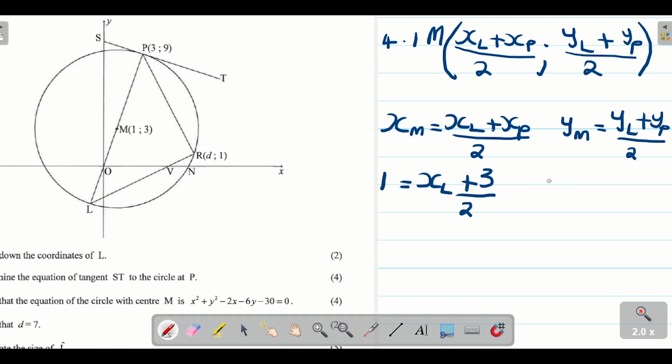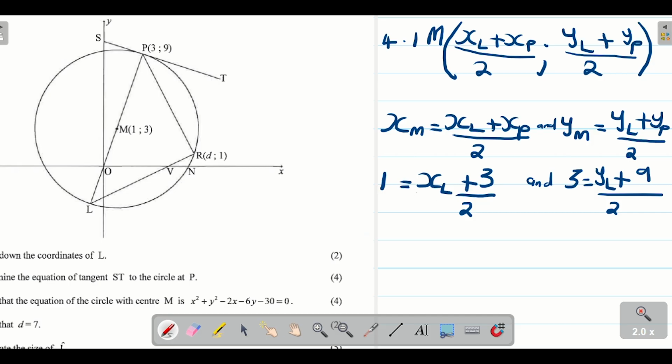And the y value of the midpoint is 3, equals the y value of L, which we are looking for, plus the y value of point P, which is 9, and we divide everything by 2.